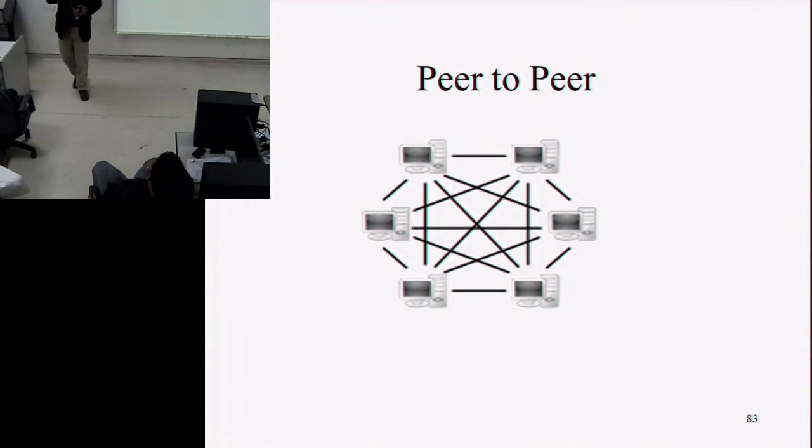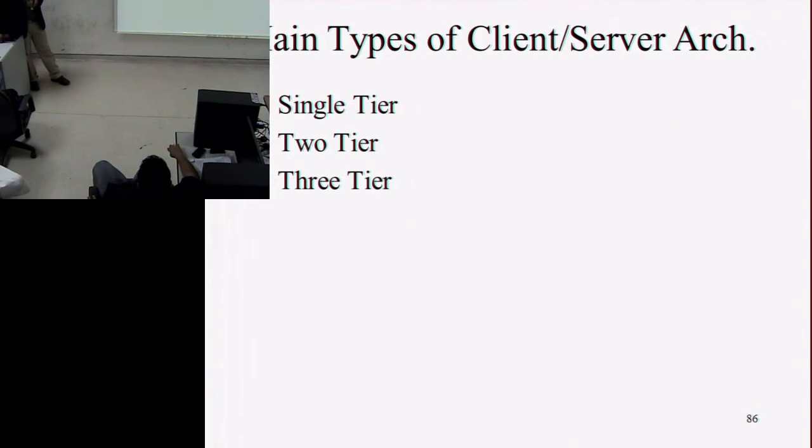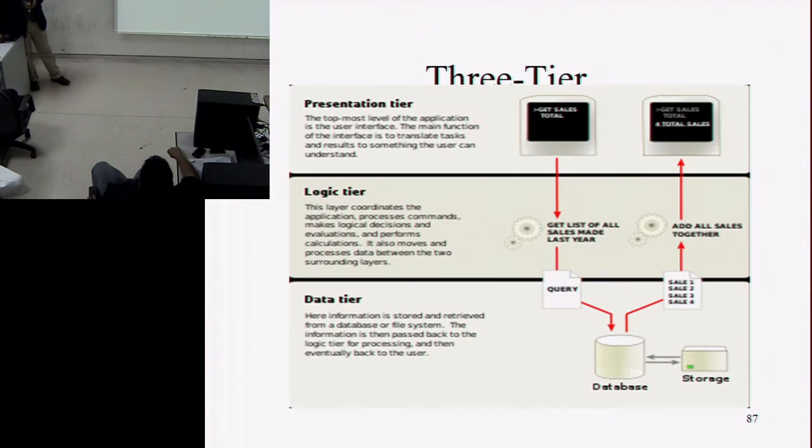Point to point, node to node, peer to peer. So we have single tier, two-tier, three-tier to multiple and n-tier. We have the presentation tier, the logic tier and the data tier. Whatever I taught you, the explanation is here. For your preparation, you can prepare from here.